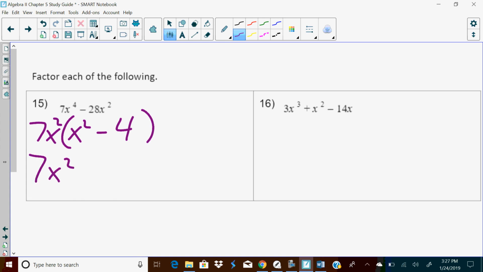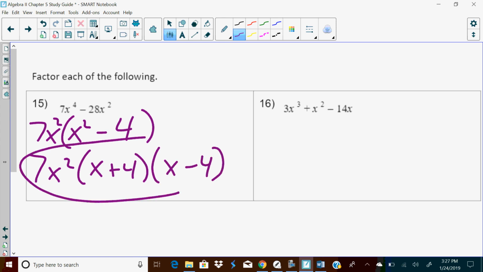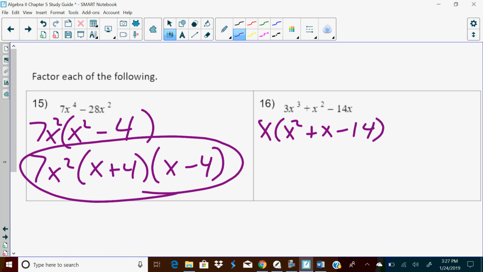So I get 7x squared times x plus 4 times x minus 4. So then 16, I can pull out an x, and then I'm left with x squared plus x minus 14. And then I can box and diamond it, which would give us in the end 3x plus 7 and x minus 2.